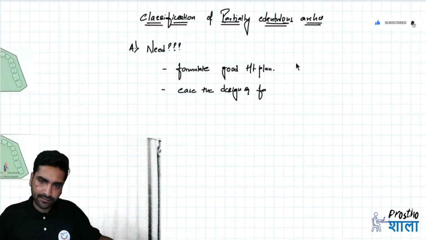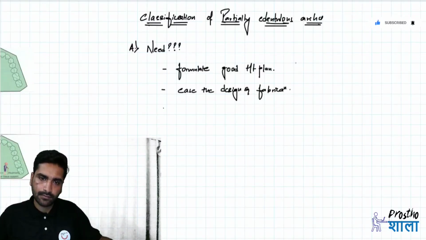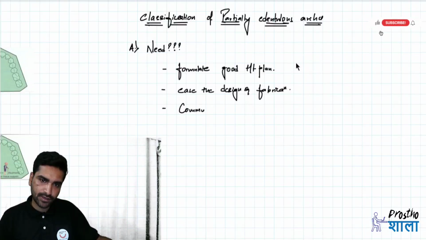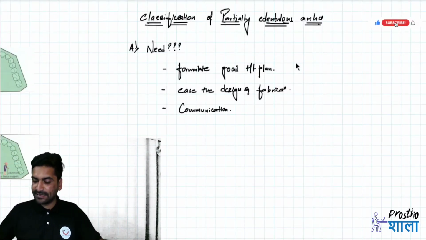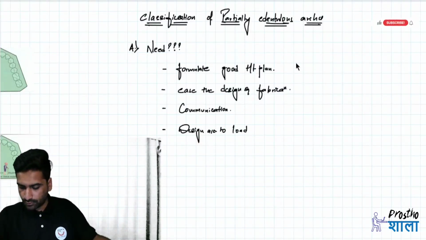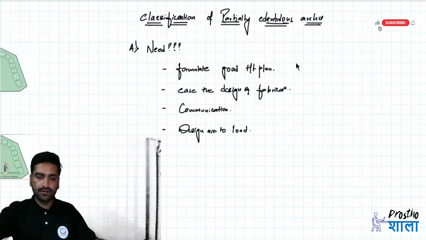Then we have to communicate. Yes, communication is very important. Then to design a denture according to the occlusal load. Design according to the load. Okay, so that is why we need a classification.